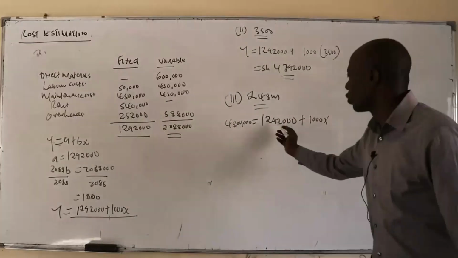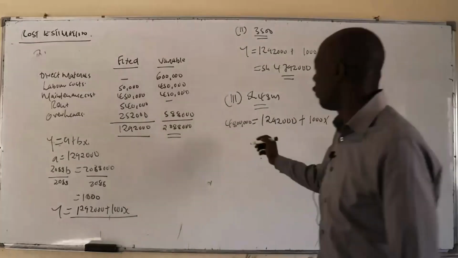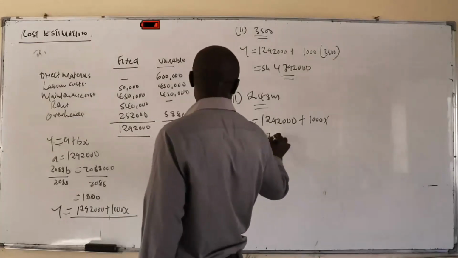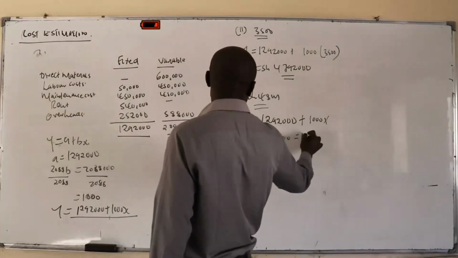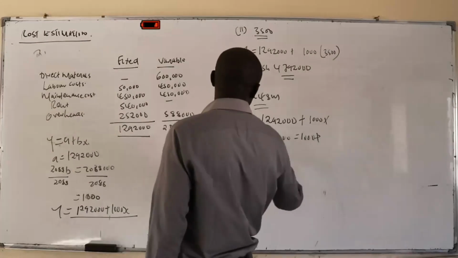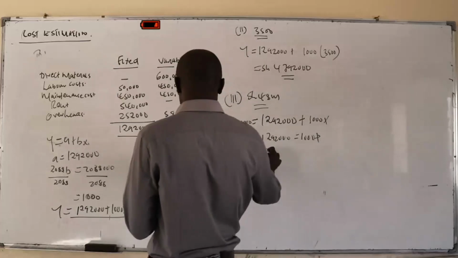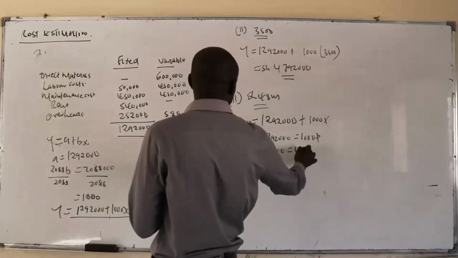So this one will cross the equal sign and become negative. So 4.8 million minus 1,292,000 equals 1,000x. So when you subtract this one, you get 3,508,000 equals 1,000x.